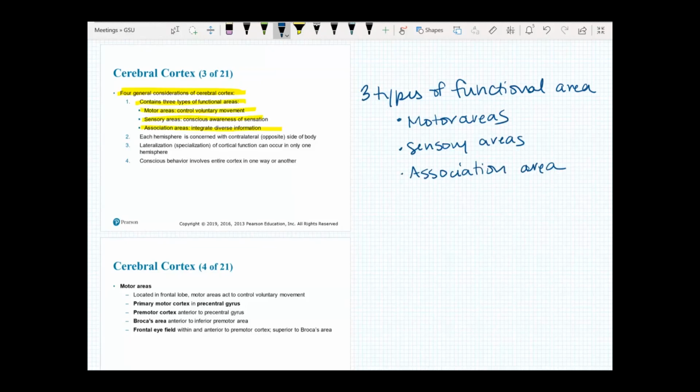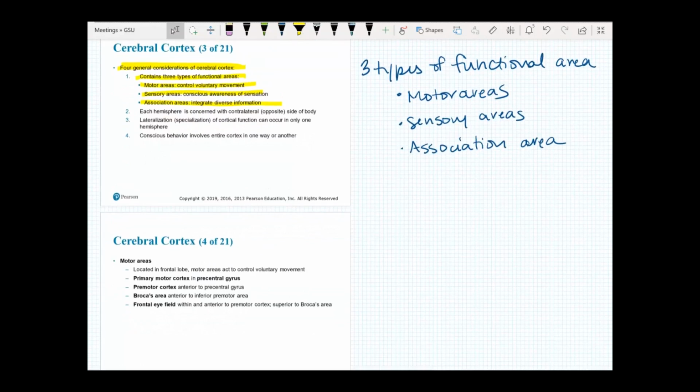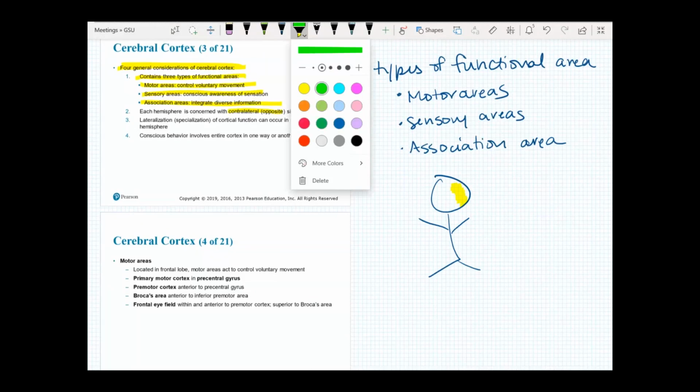Another generalization, and we know it's a generalization because there are certain things that activate more and activate less. You're not just motor and sensory, so science is still looking at this generalization. The second one is that each hemisphere is concerned with the contralateral, or the opposite, side of the body. So basically, if this is my lovely little human right here, there are 2 sides of his brain. He has his left side right here, and then he has his right side.